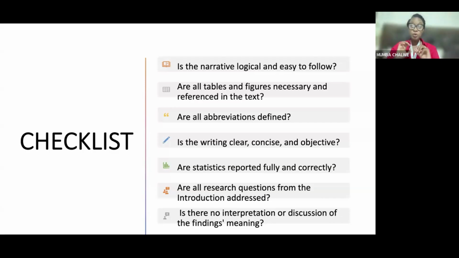And are all the research questions from the introduction addressed? That's a part where authors fail a bit, and you wonder, why is my paper getting rejected? You've got all these amazing findings, but they're not answering any of the questions that you brought up, okay? And ensure that there's no interpretation or discussion of the findings in your results. Okay, we've come to the end.